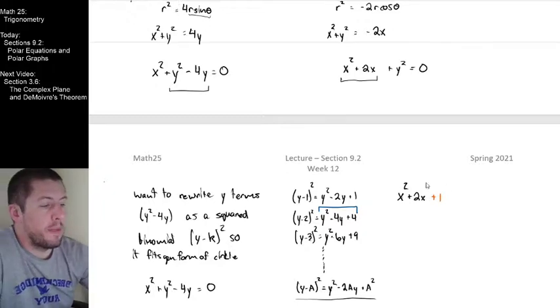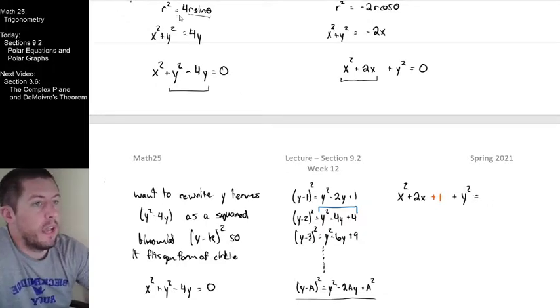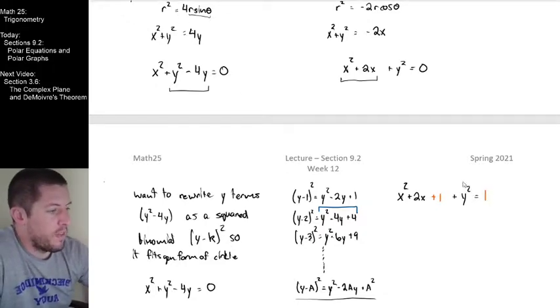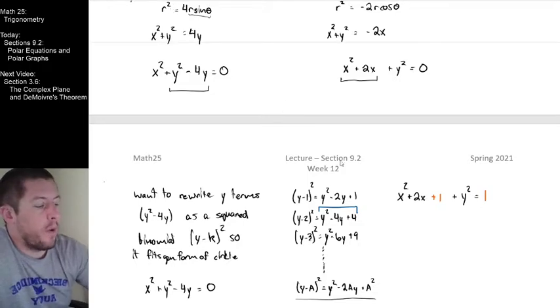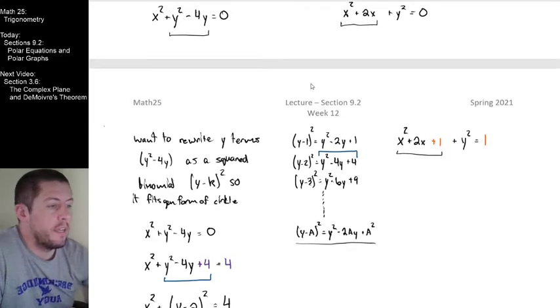Because that's going to give me the perfect terms that I need to be able to rewrite this as a perfect square trinomial. And that's also going to give me the 1 on the other side over here. Now I can go ahead and say, listen, these three terms right here, that's what you would get out if you squared x plus 1.